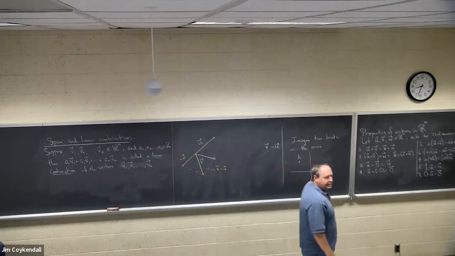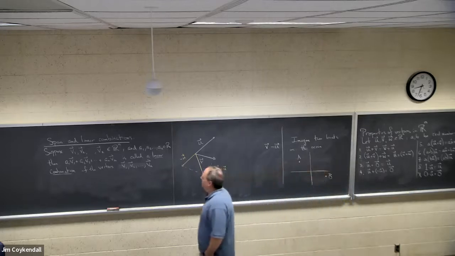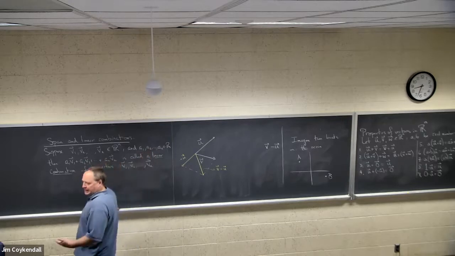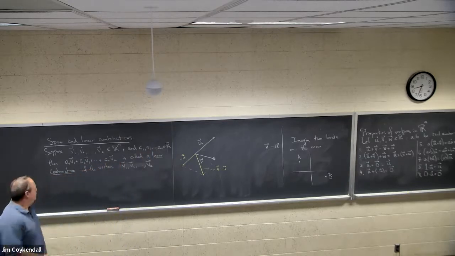So in other words, you can pick these different numbers to be anything, so you can get all kinds of linear combinations.